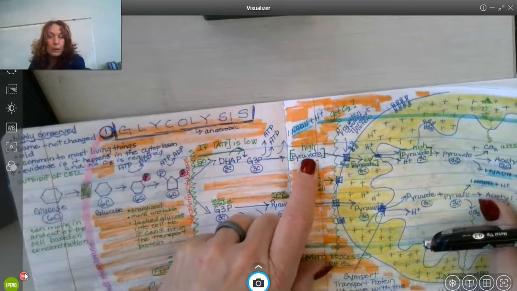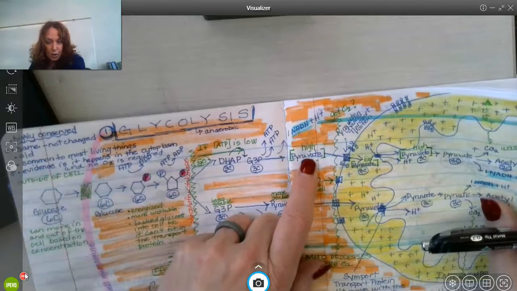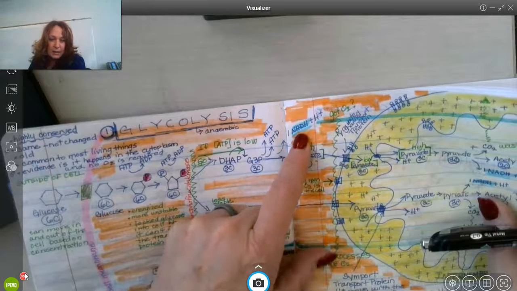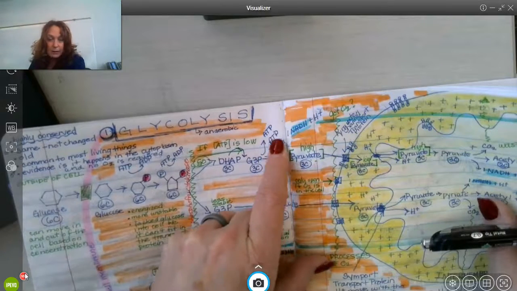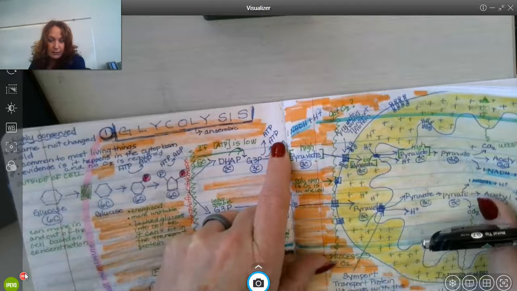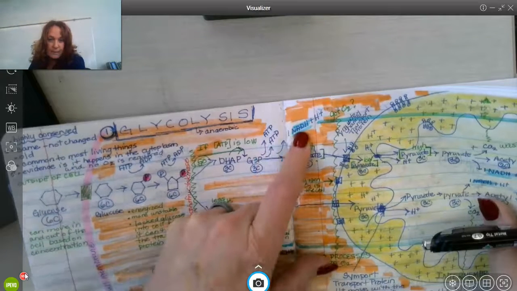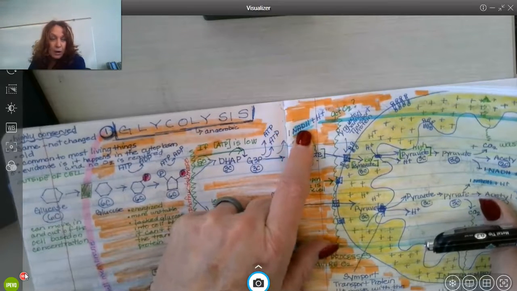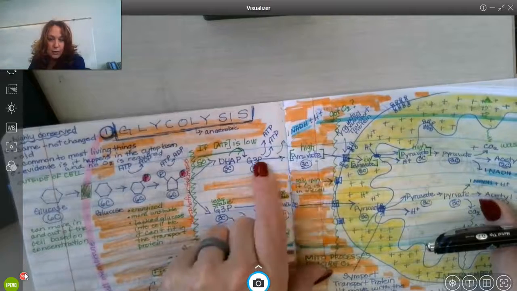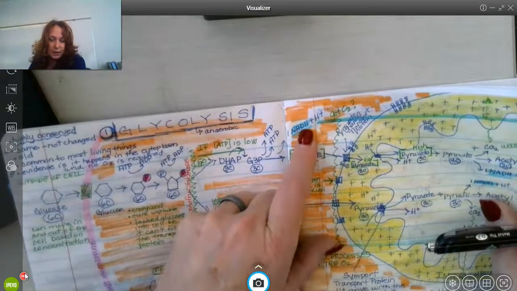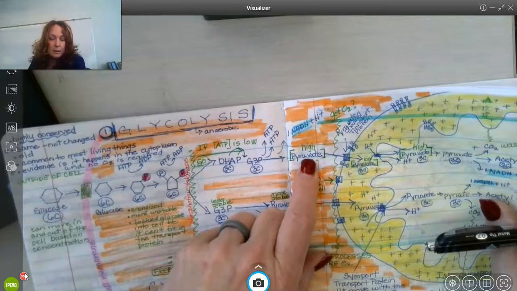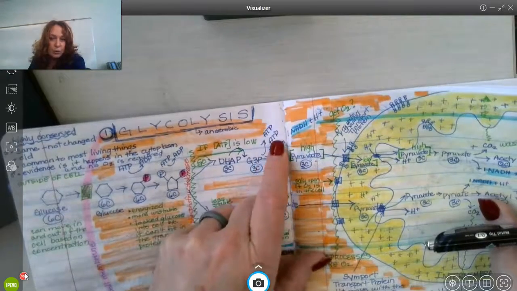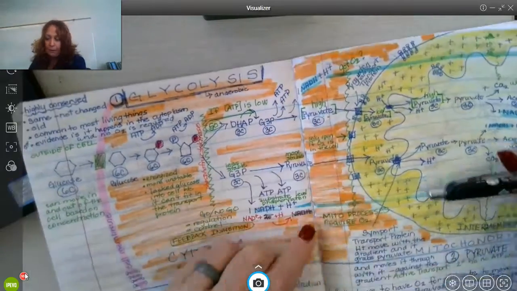Pyruvate's more energetically stable, so there's a loss of energy, and you used that to make ATP, 2 of them through substrate level phosphorylation right there in the moment, and you had electrons that came from this energy change, this conformational change, and so you formed an NADH. 1 per pyruvate, 2 ATP per pyruvate.